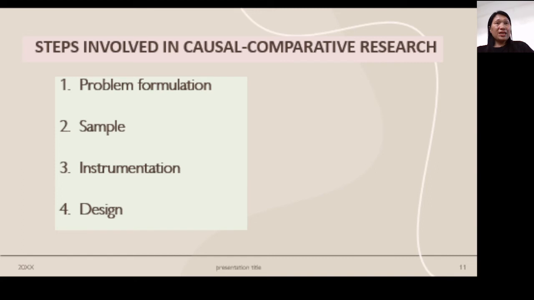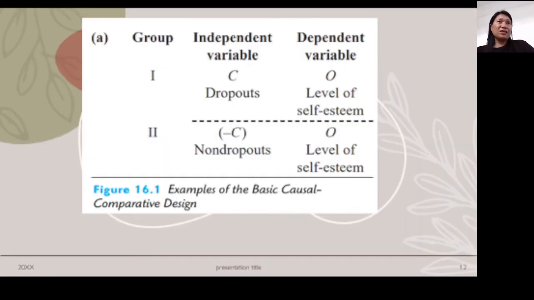In the design, the groups may differ in one of two ways. The first is an example of the basic causal comparative design. In this example, one group possesses a characteristic that the other does not. So you can see here that for the independent variable, in the first group there are dropouts, while there is no characteristic present in the second group.